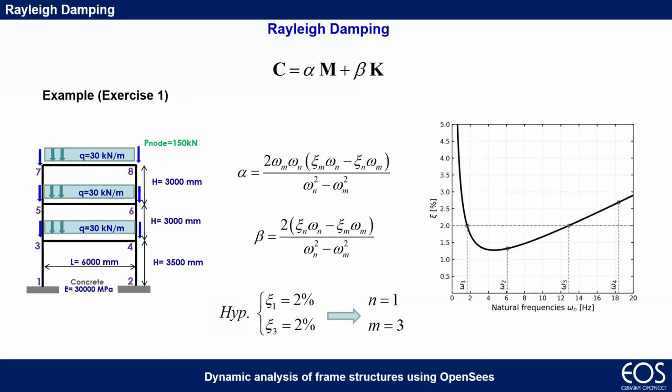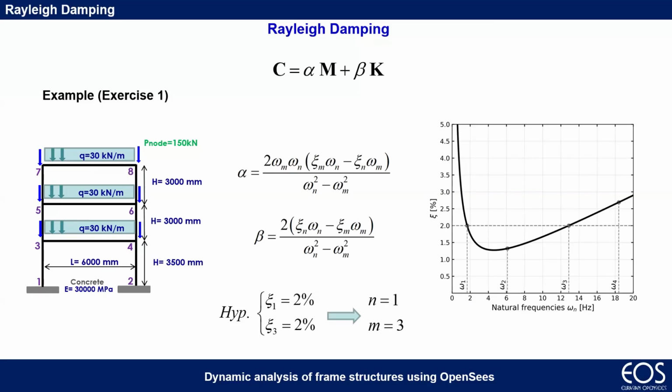So I'm just putting here as m and then the first and the third frequencies of the structure that I showed you before, and I'm fixing as critical damping 2% to both the frequencies. You have a damping like this, right?